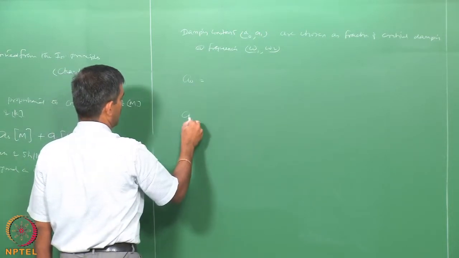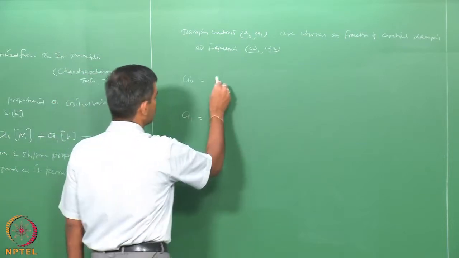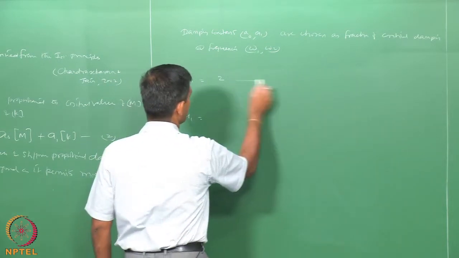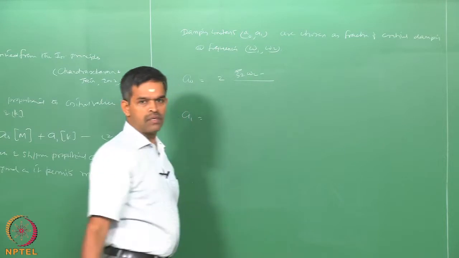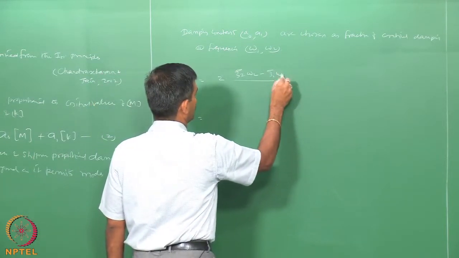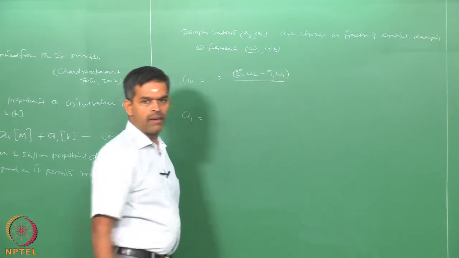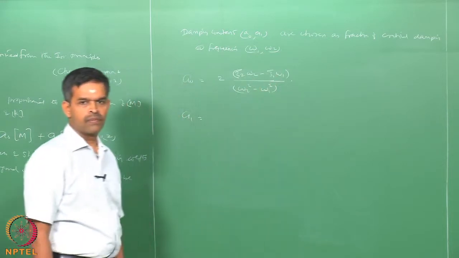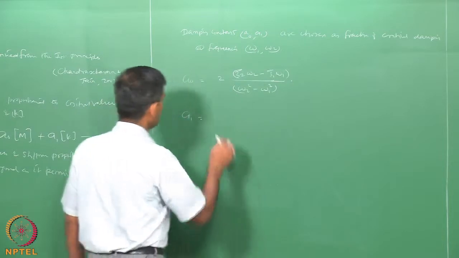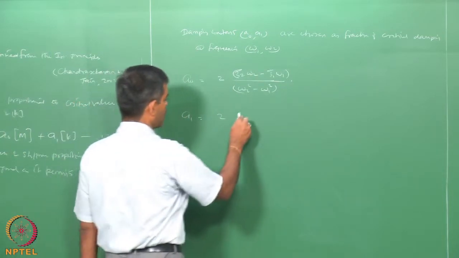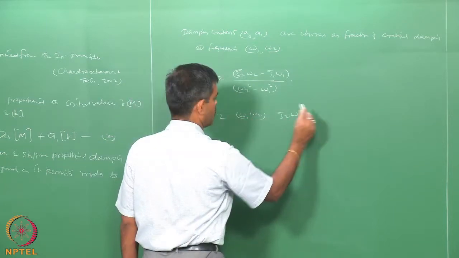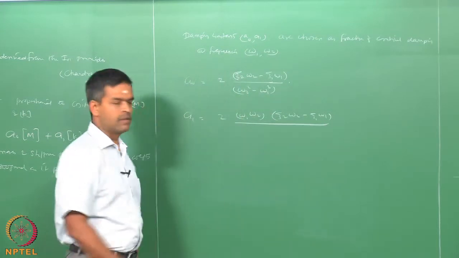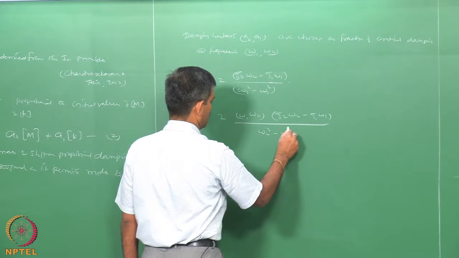A0 and A1 can be written like this: A0 is twice omega 1 omega 2 times zeta 2 omega 2 minus zeta 1 omega 1 by omega 2 square minus omega 1 square, whereas A1 is twice zeta 2 omega 2 minus zeta 1 omega 1 by omega 2 square minus omega 1 square.